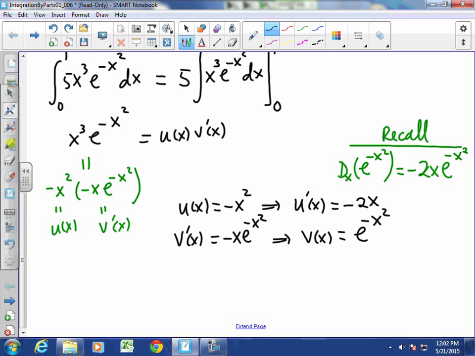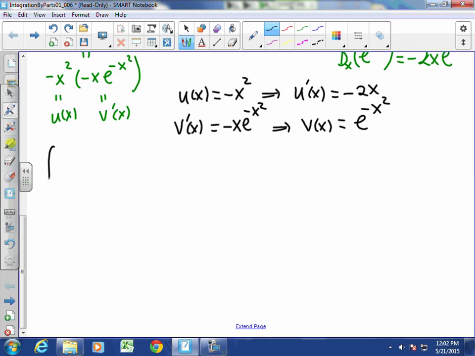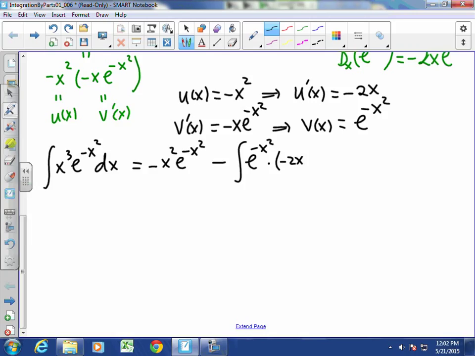This said, the integral of x cubed e to the negative x squared dx is just uv, which is negative x squared e to the negative x squared, minus the integral of v of x, that means e to the negative x squared, times u prime of x, that means negative 2x dx.